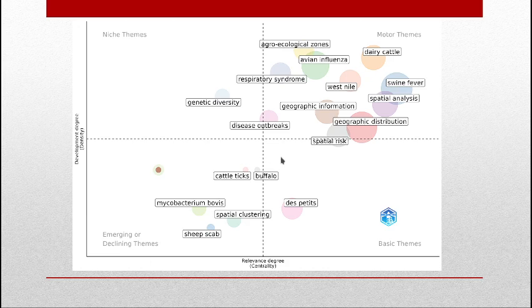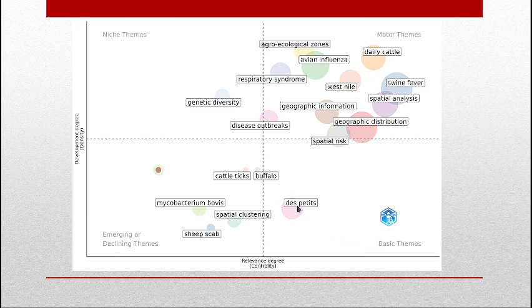So for example, in the motor themes, we are getting certain terms like avian influenza. It means that avian influenza, in the network of the keywords, is connected with its community and with other communities as well. And if we talk about PPR, this is still a basic theme.